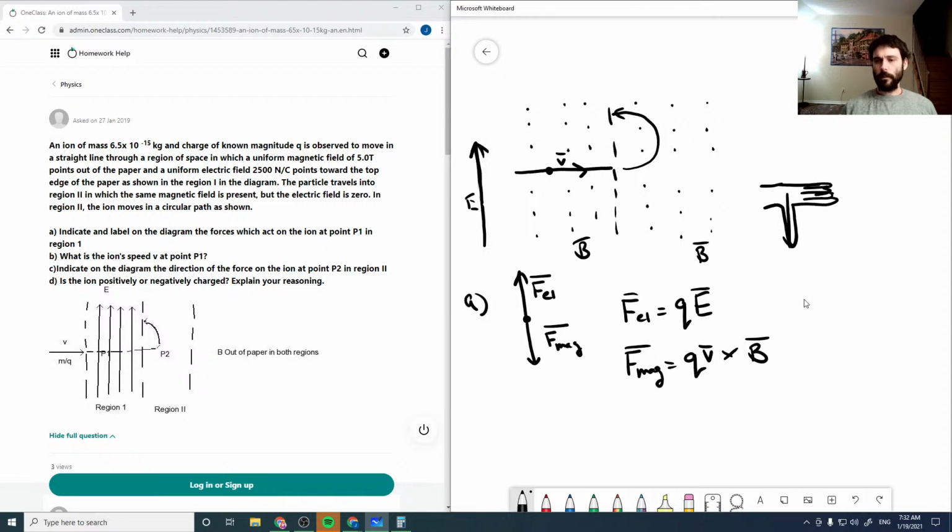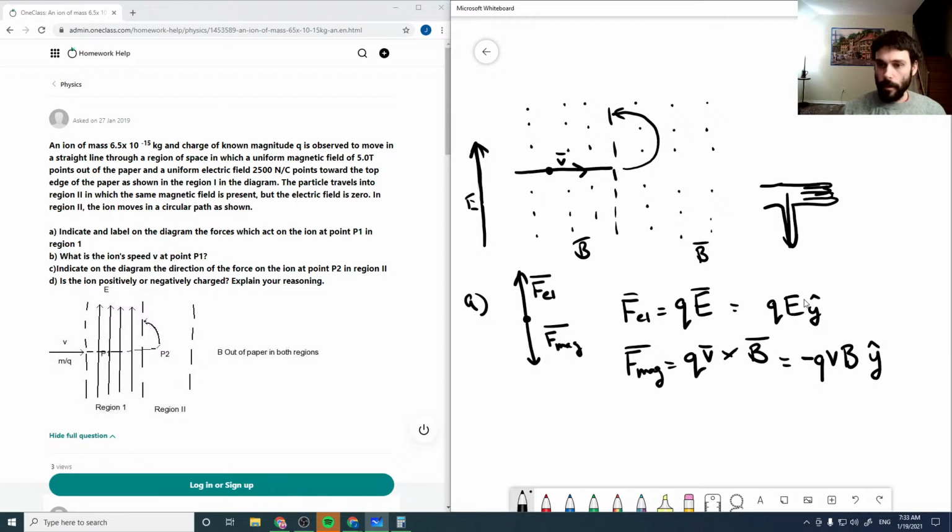So we can see that the force will point downwards. So this will be minus QVB in the y-hat direction, and we're given our E field is in the positive, so this will be QE in the y-hat direction. So that all checks out.